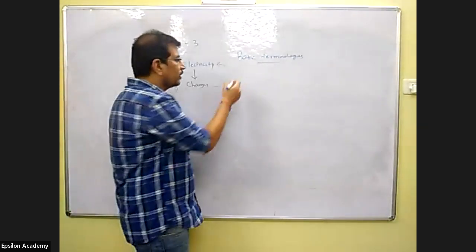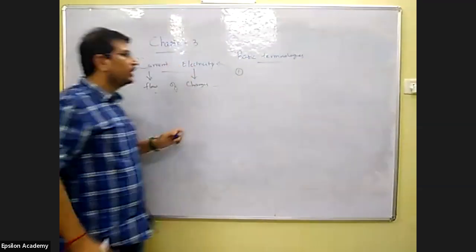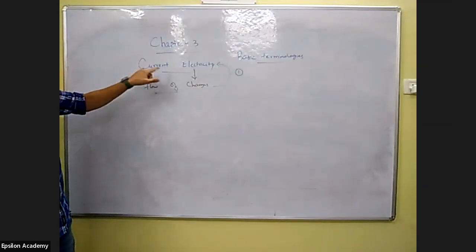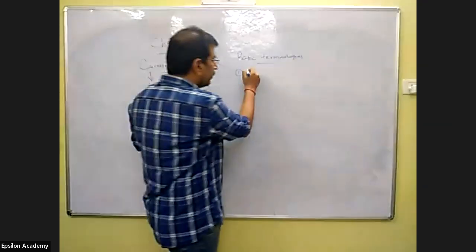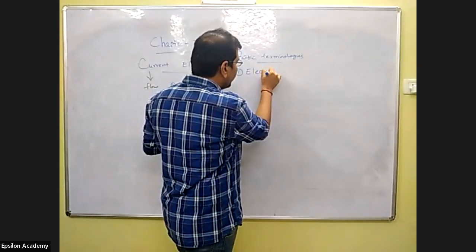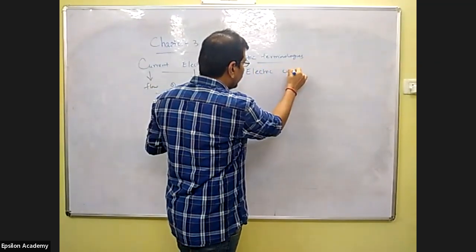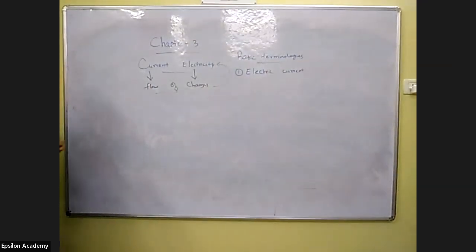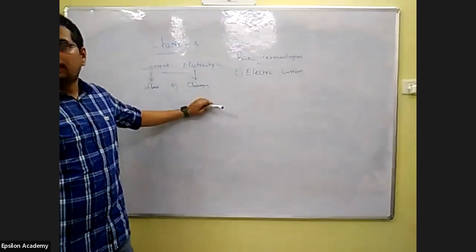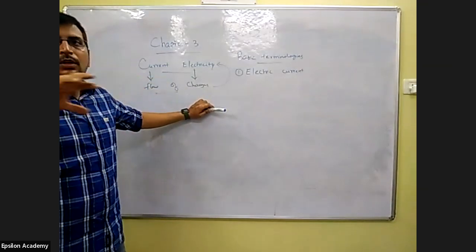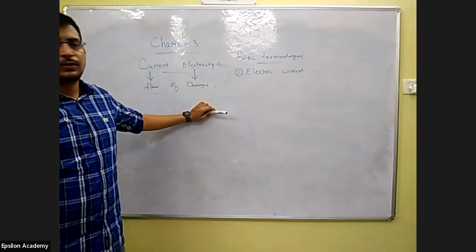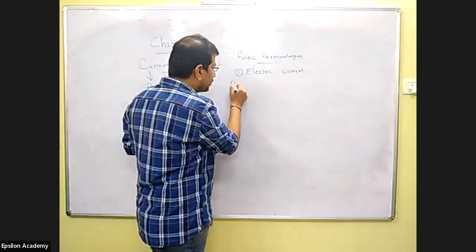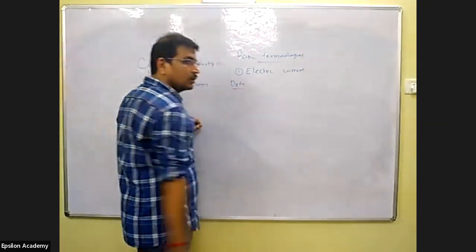In those basic terminologies, the first thing that we need to know is something called electric current. See, when you dealt with it in your 10th grade, you would have dealt only with one value. Now we'll be dealing with different values because you know some more mathematics, right? So when you talk about an electric current, what is going to be the basic definition for it?